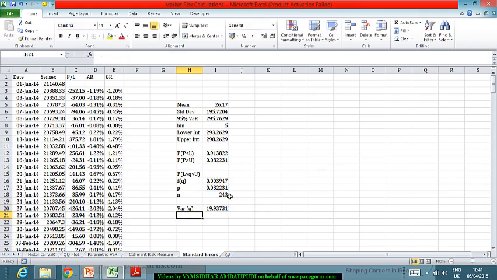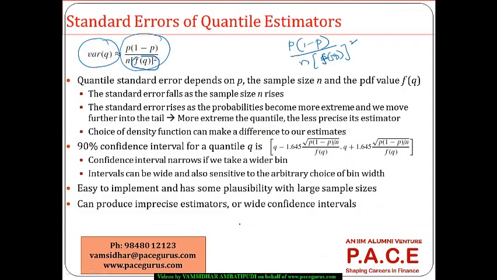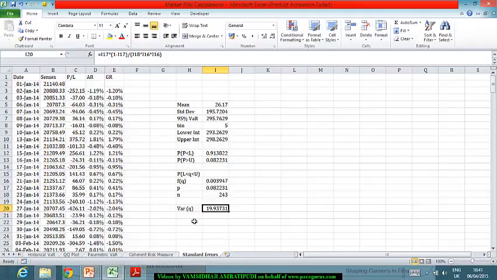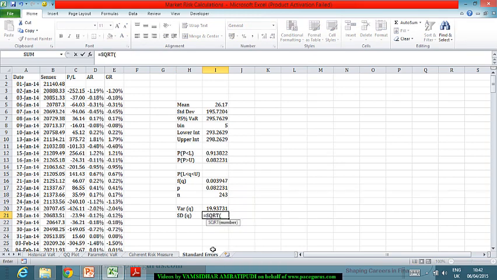So the variance of q is somewhere around 19.93. And from here I can find out the standard deviation of q. The standard deviation of q will come out as the square root of the variance, around 4.46.